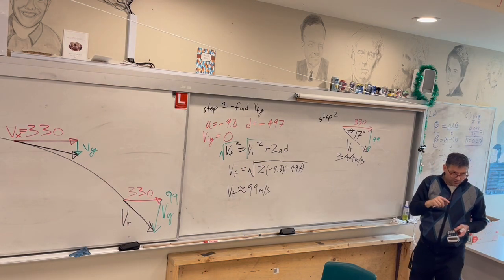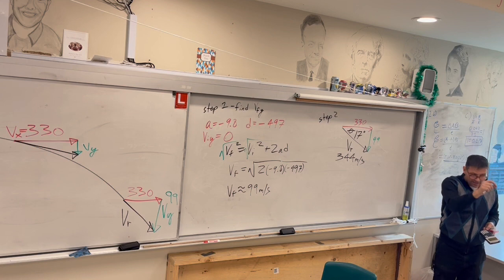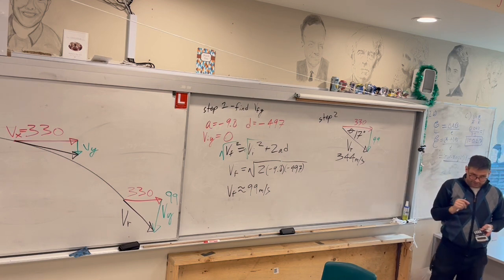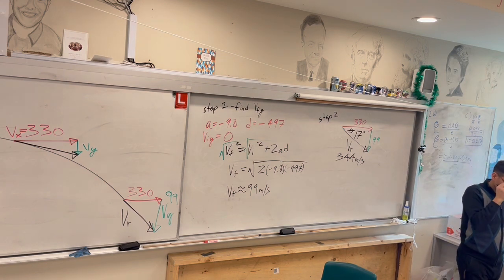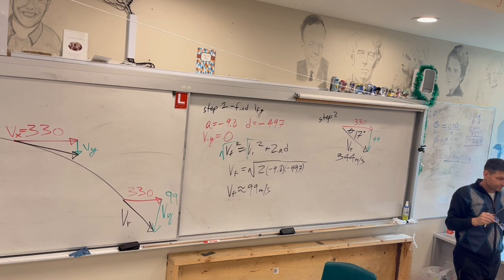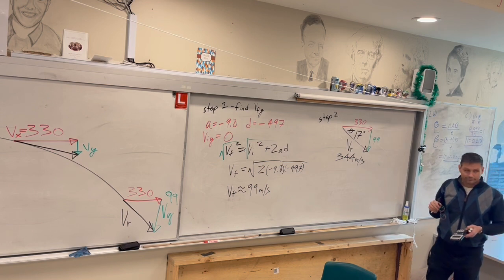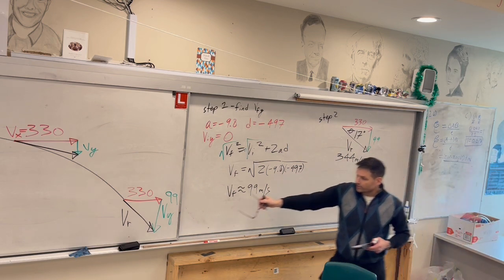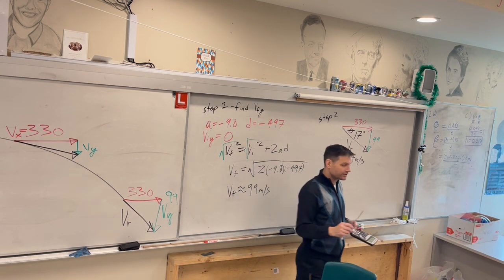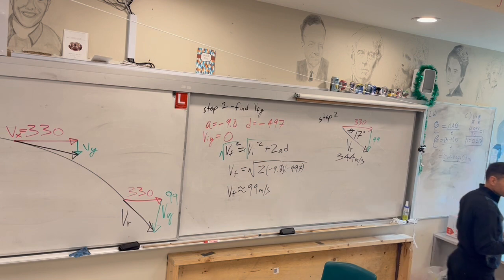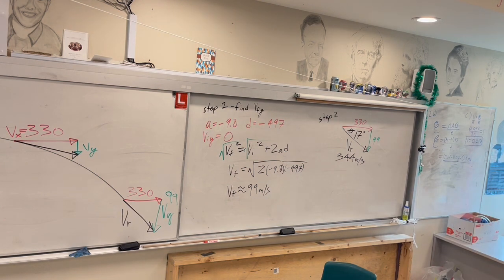Turn to the person beside you and say the velocity of the bullet at the end, just before it hits the ground, the impact velocity.